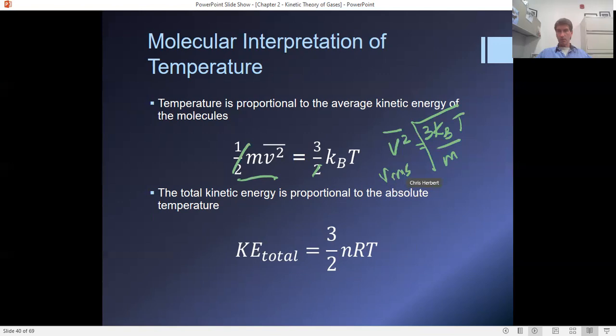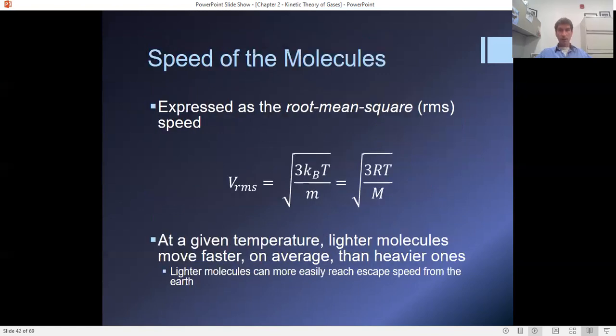We have to call it RMS, root mean squared speed, because we've already taken the mean. So that gives us this expression right here, which is a little bit hard to think about physically, because this is not the average speed.